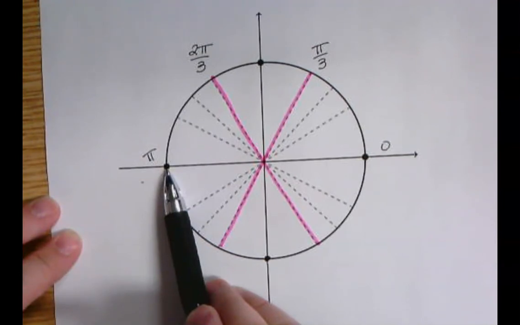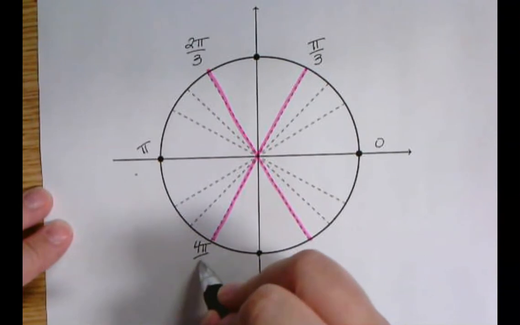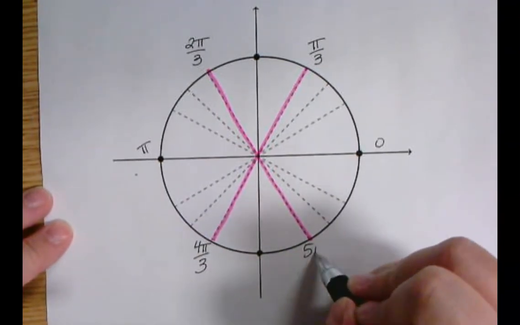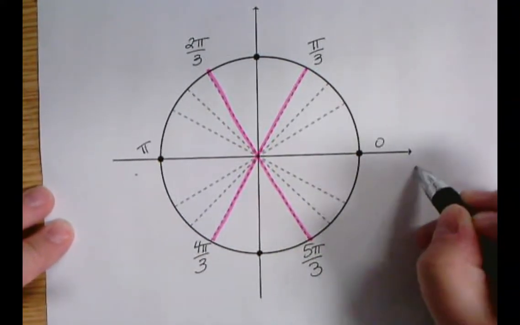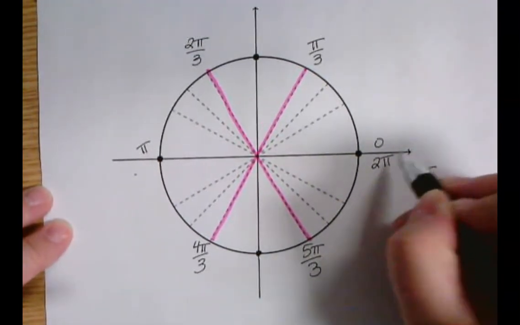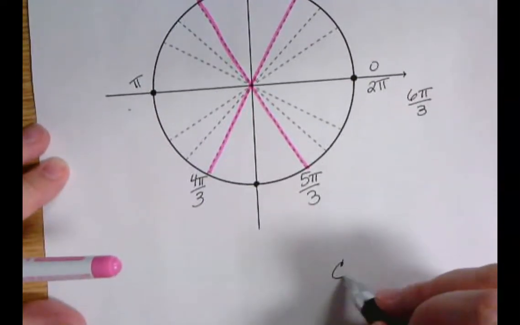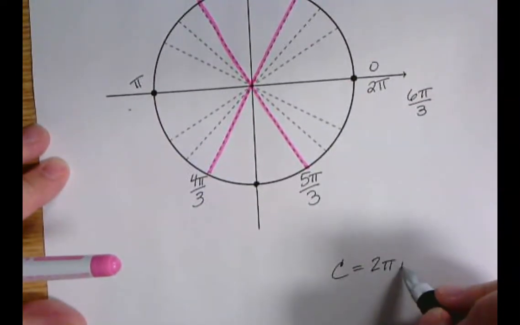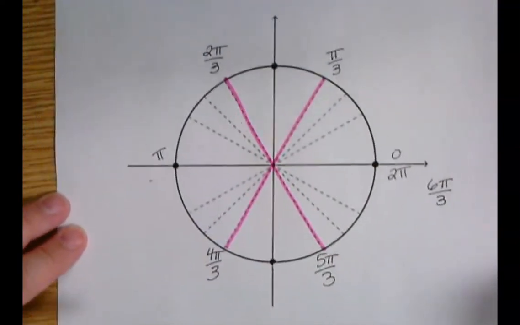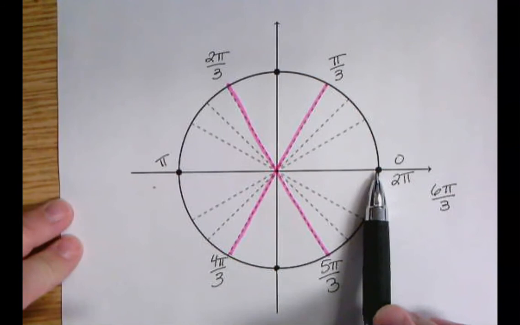So that's why that's 1 pi. 4/3, 5/3, and 6/3 is the same as 2. So we can also think of all the way around as 2 pi. Remember, that goes with our circumference formula. 2 pi times the radius is all the way around. So 2 pi is all the way around our circle. So this is breaking it into thirds.